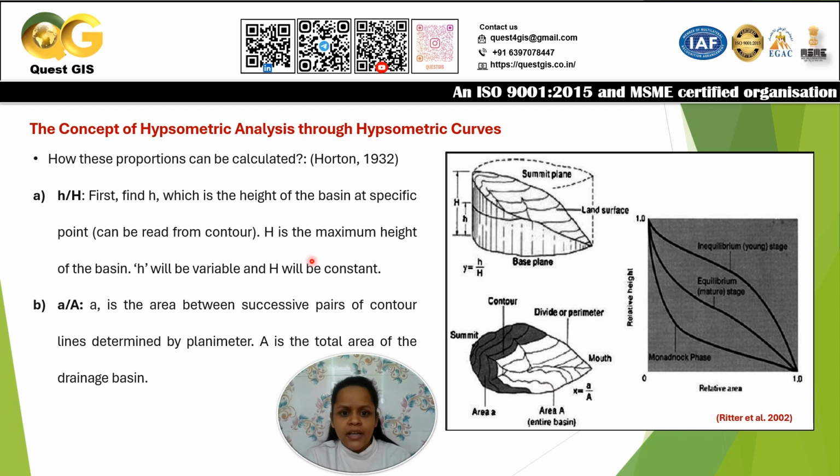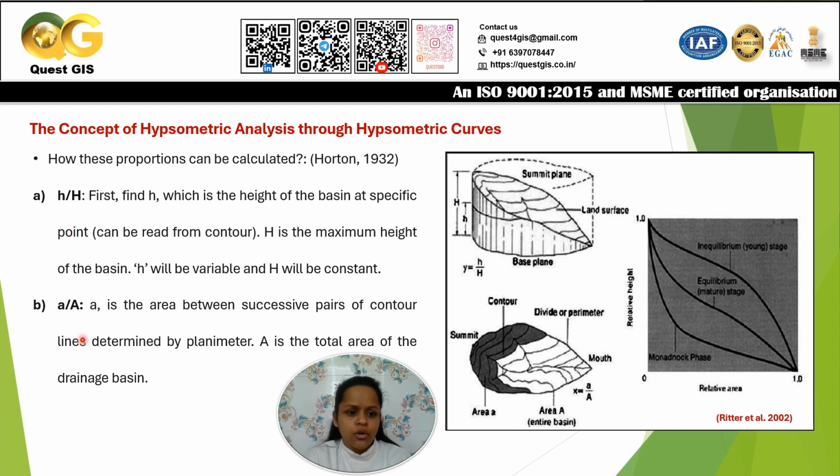Capital H is the maximum height of the basin. Of course, capital H will be constant and small h will be variable, calculated at different contour lines. When you divide h calculated at different points by the capital H, the maximum height, you get the h/H proportion.